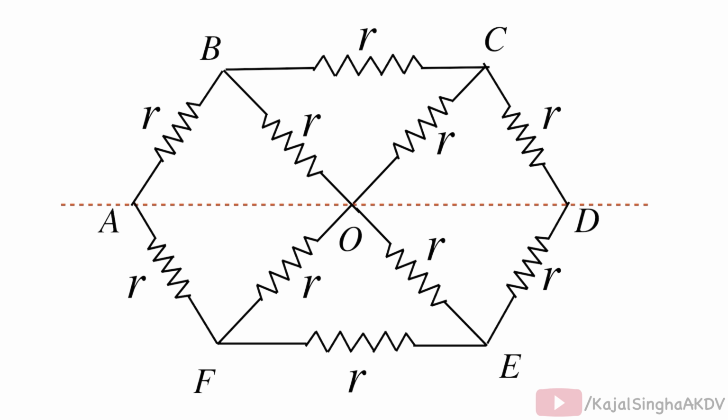Therefore, points B and F must have equal potential, and similarly points C and E will have equal potential.